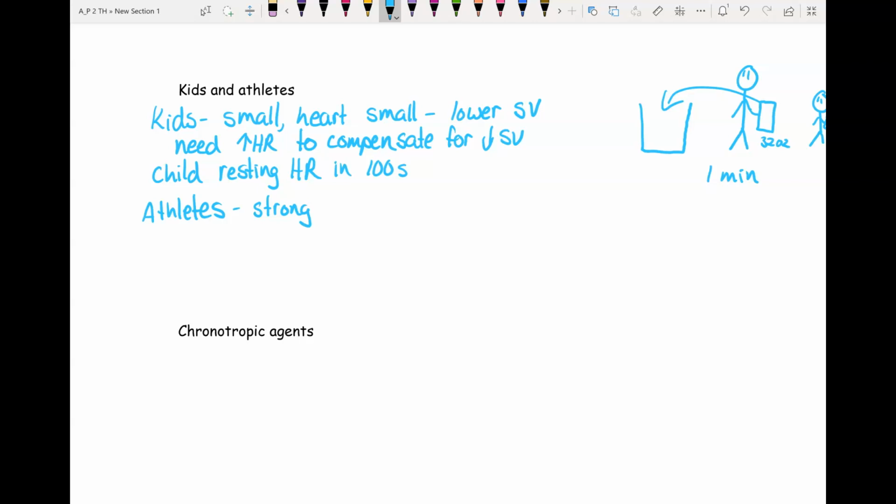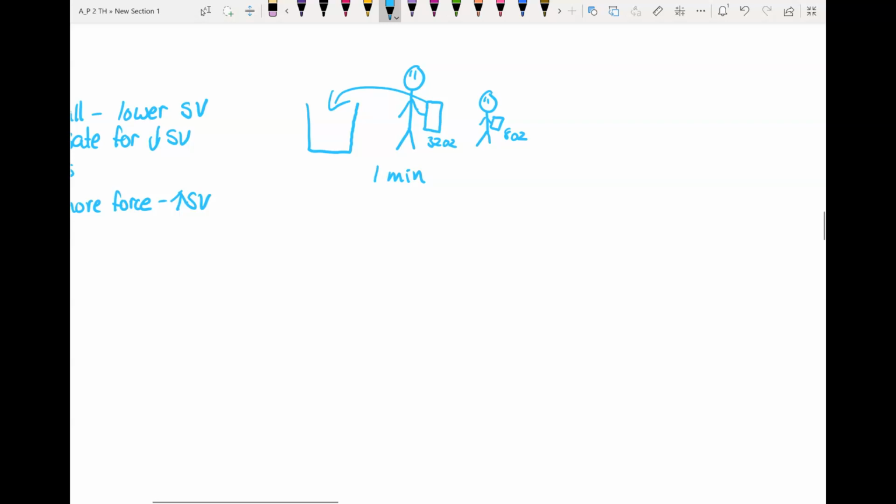So athletes, because they train, have a much stronger heart. The force is increased. Athletes have more force every time their heart beats. So because their heart is strong, it has more force, and because they have more force, they have a higher stroke volume. So if we threw an athlete in here with the bucket, someone who regularly trains and runs marathons, we're going to give the athlete a great big 52-ounce cup. You know, Casey's has those giant 52-ounce mugs. That's what we're giving the athlete.